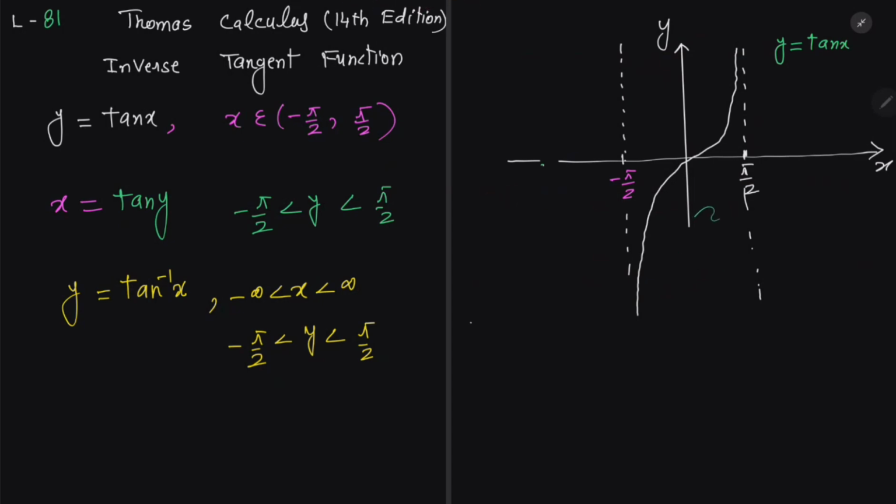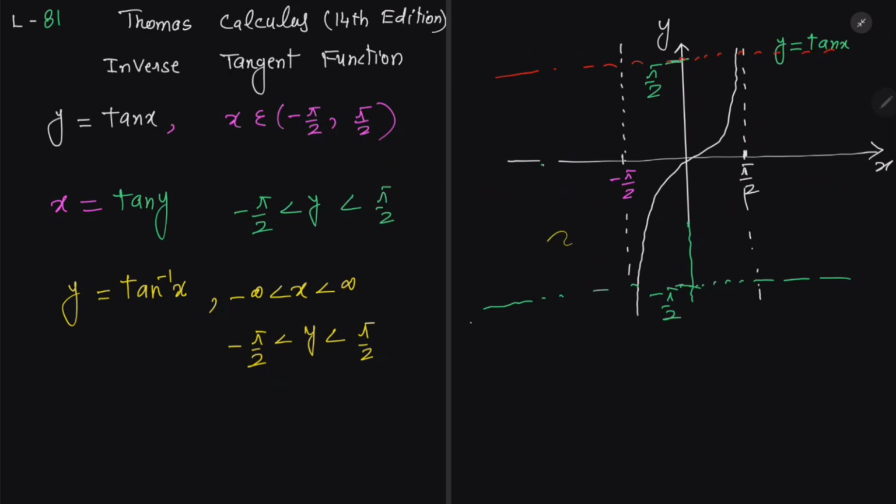Let me just draw that again. This is minus pi by 2 and this is pi by 2. The inverse function cannot cross this horizontal line, and it cannot cross this horizontal line as well.